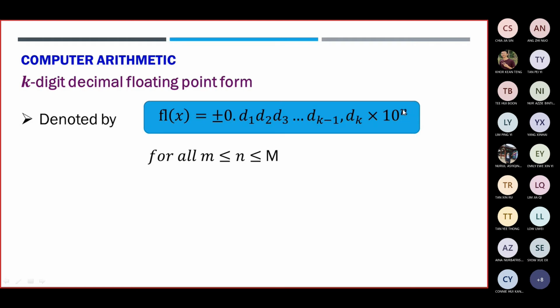And this n value falls between the small m and the capital M. What does it mean, the small m, the capital M? This represents the boundaries, depending on the computer.